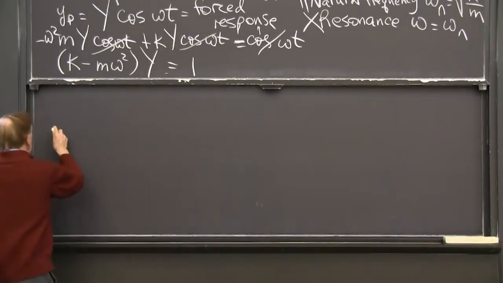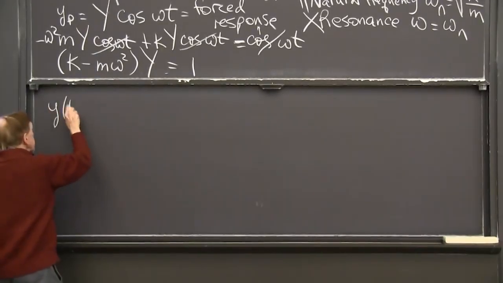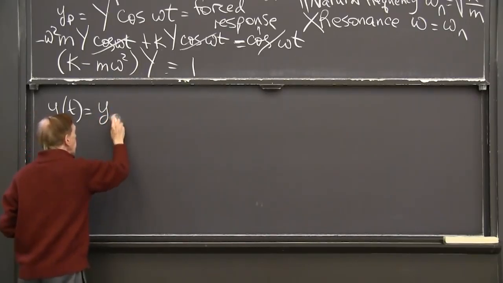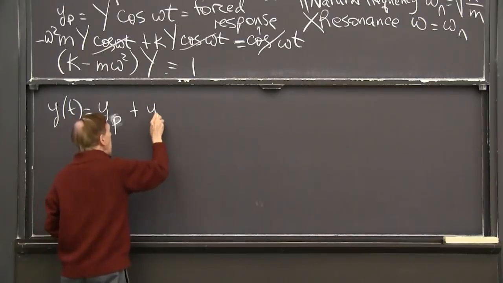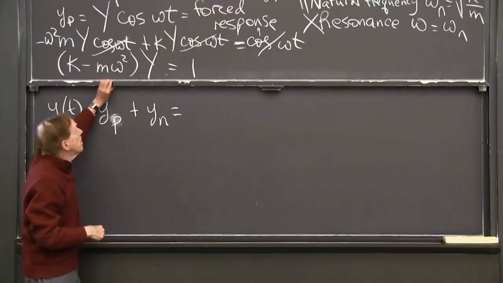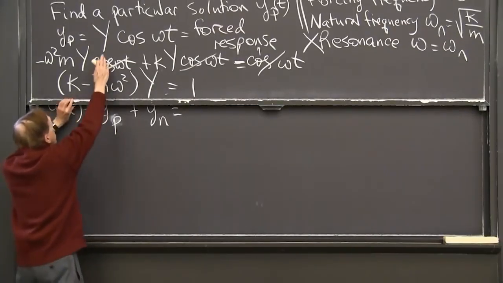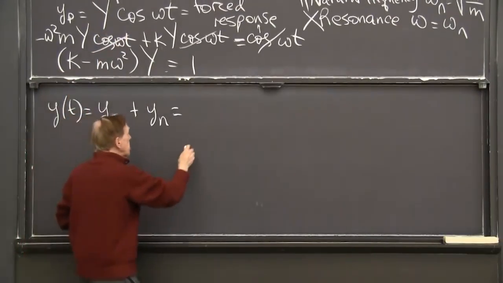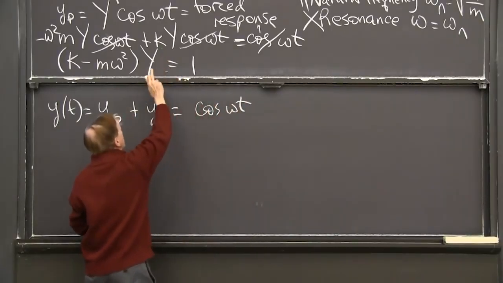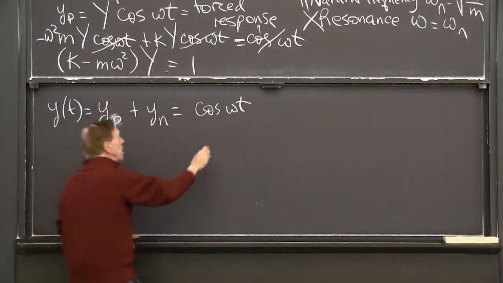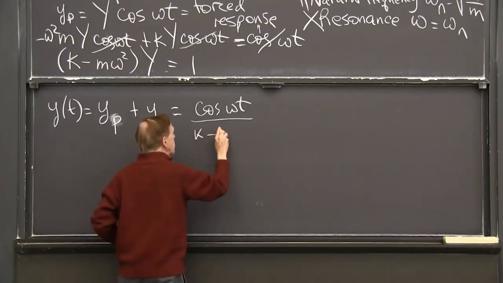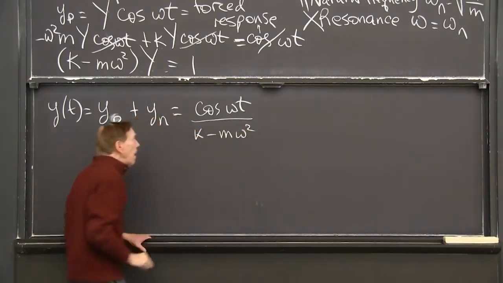So the final answer is y of t is y particular, plus y null. So I've just found y particular. Y particular is this capital Y cosine omega t. So it's cosine omega t times Y, and Y is 1 over this. Down below I have k minus m omega squared.